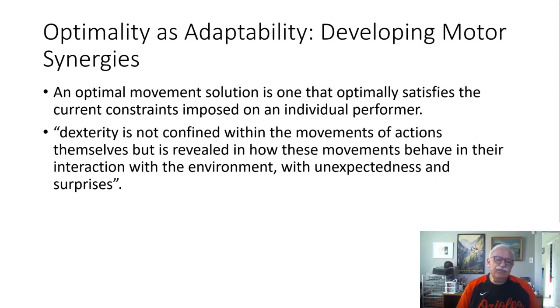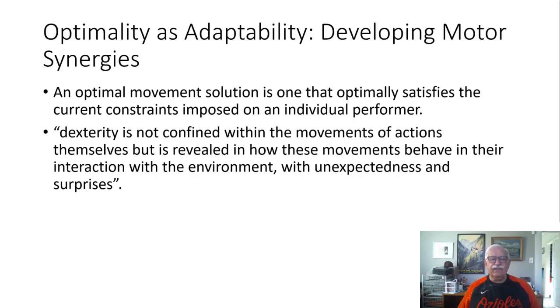So an optimal movement solution is one that optimally satisfies the current constraints imposed on an individual performer. And remember, some of those constraints were intrinsic to the person and to the situation, and some were extrinsic, the opponent, the lighting conditions, etc. So dexterity is not confined within the movements of actions themselves, but is revealed in how these movements behave in their interaction with the environment, with unexpectedness and surprises.